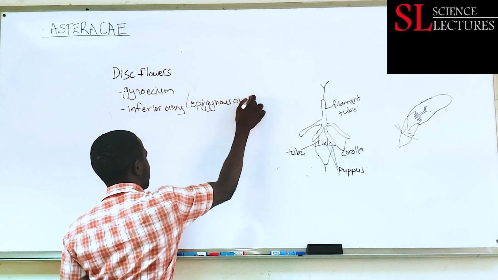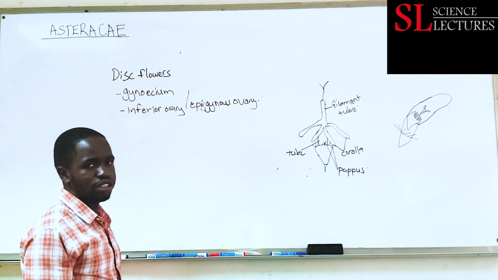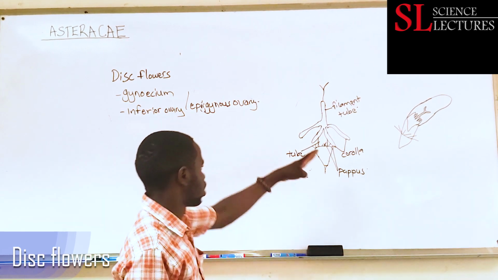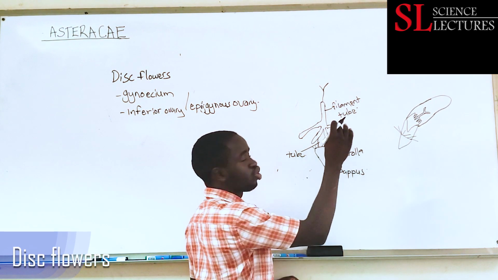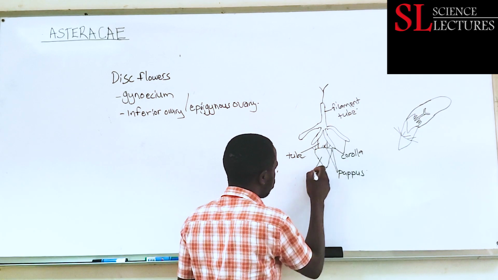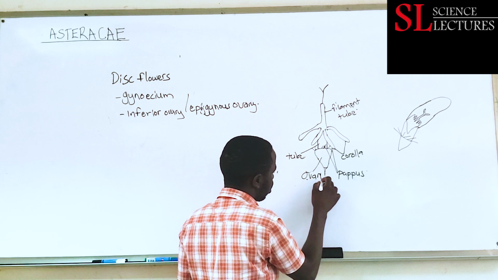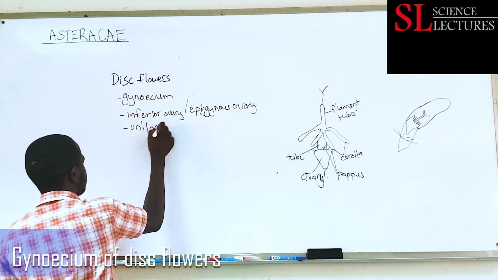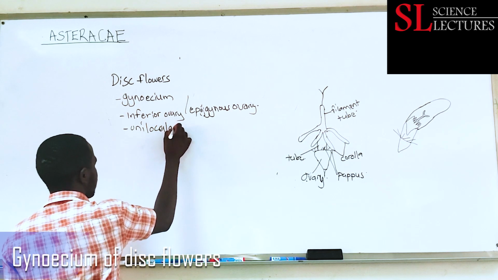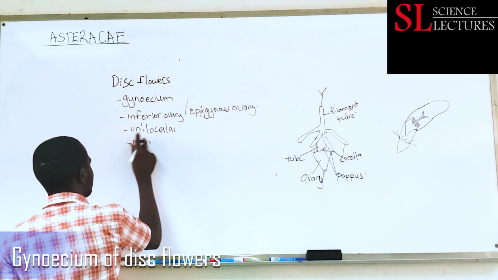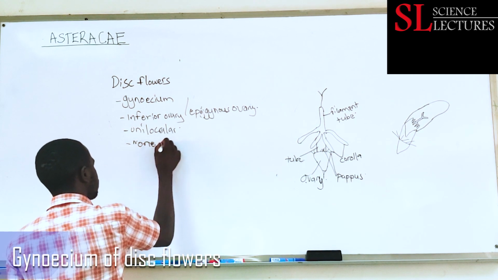The inferior ovary is the one that grows below other floral whorls. You can see the calyx is on top, the corolla is on top, the stamen is also on top. So this is our inferior ovary. Then it is unilocular, which means it is made up of just one locule, with one ovule.